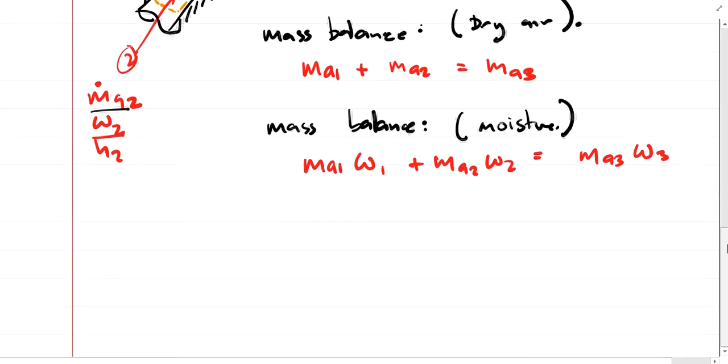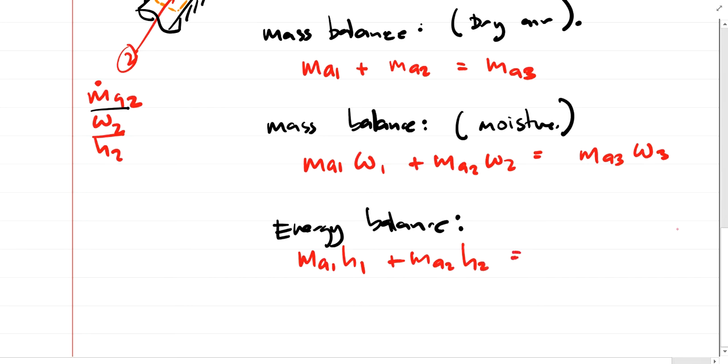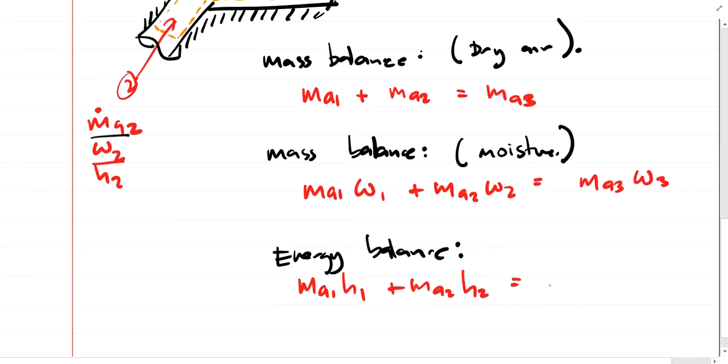Okay, so what else? For the energy balance, that's going to be MA1 times the enthalpy at 1 plus MA2 times the enthalpy at 2 is equal to MA3, however, MA3 is equal to MA1 plus MA2, times the enthalpy at 3.